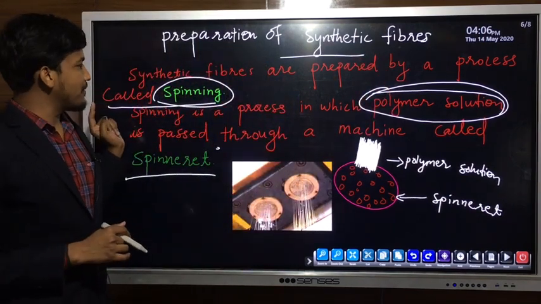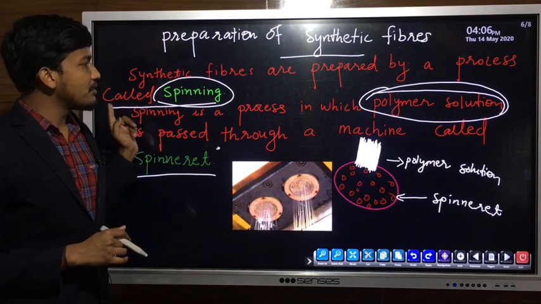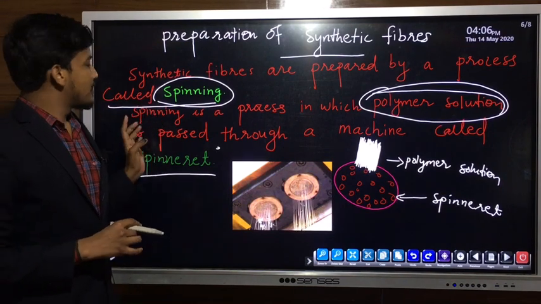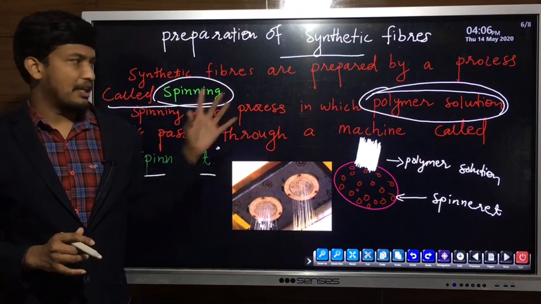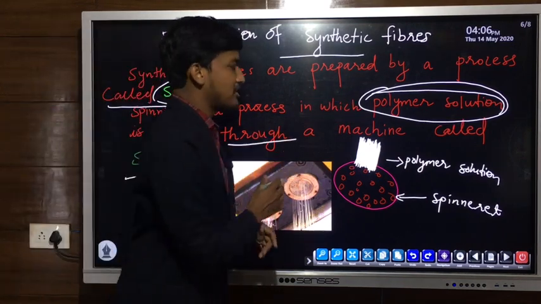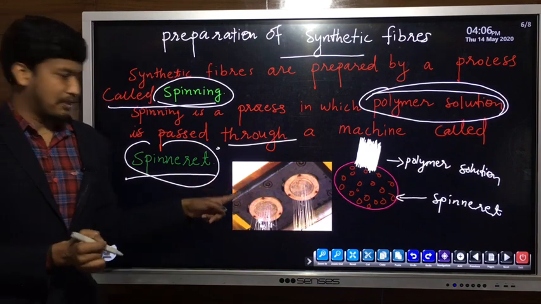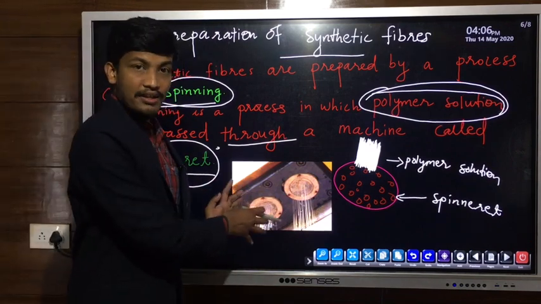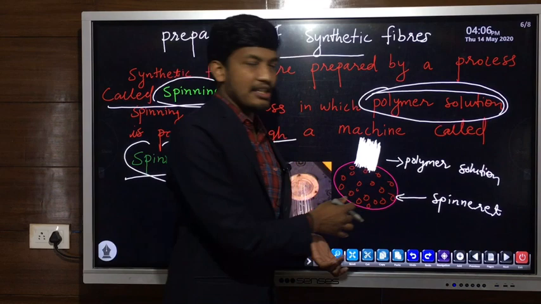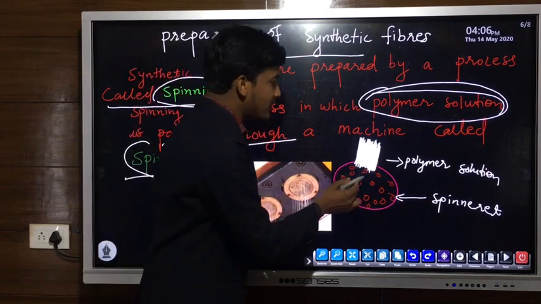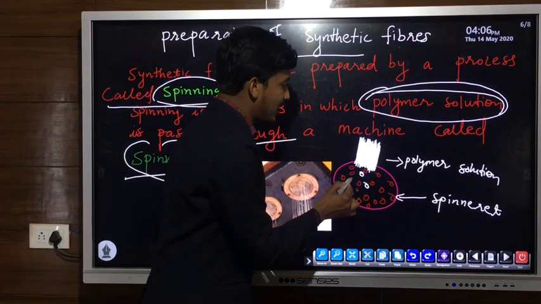During spinning, we will pass the liquid mixture of chemicals through a machine called spinneret. So this is the figure of spinneret. Understand? In spinneret we can see that there are very small minute holes.